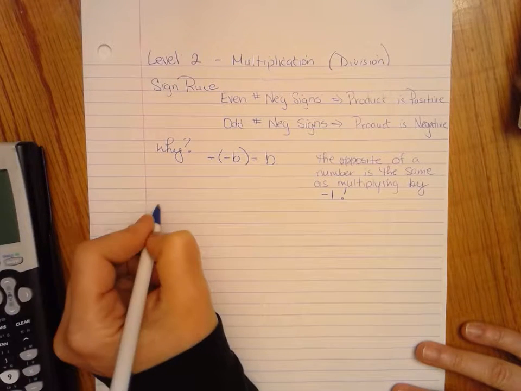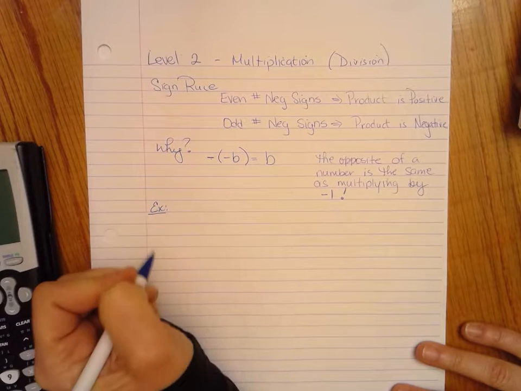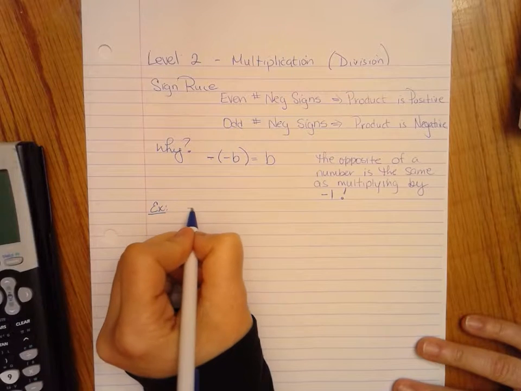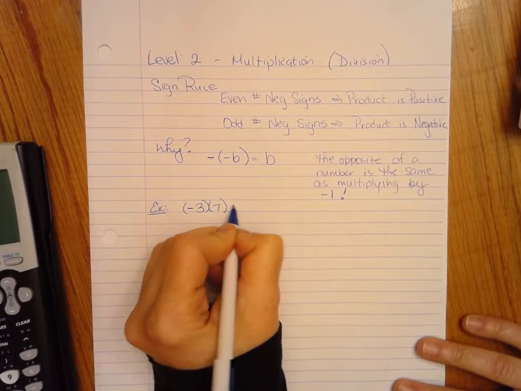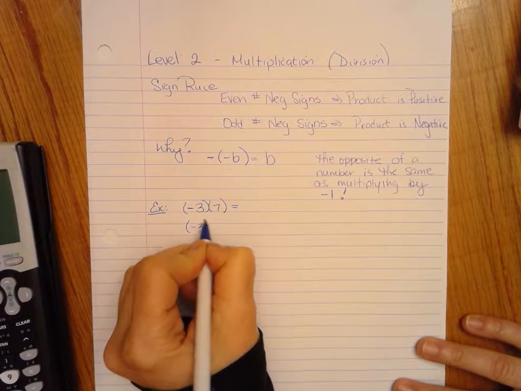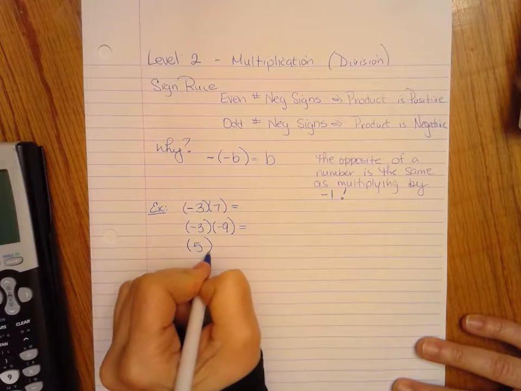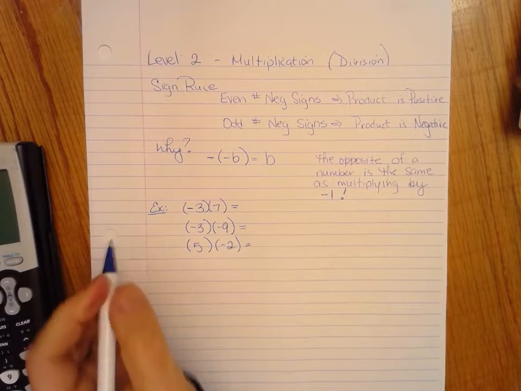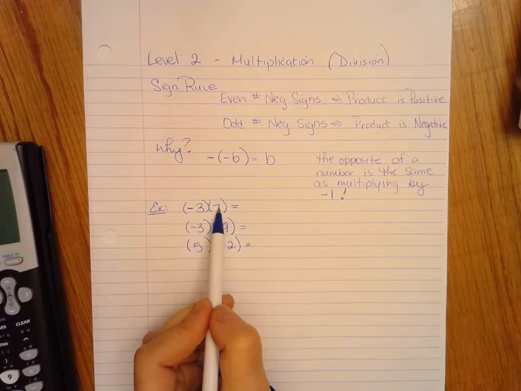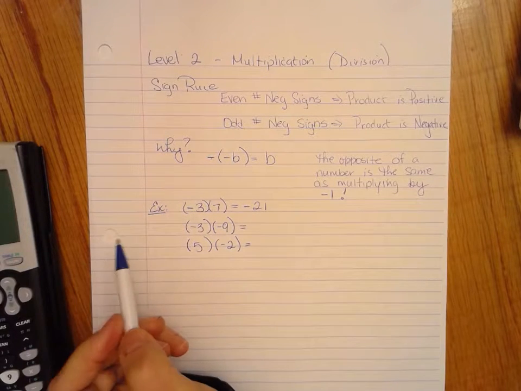So let's take a look at some examples. Okay, so this has only one sign, so the answer to this is -21.